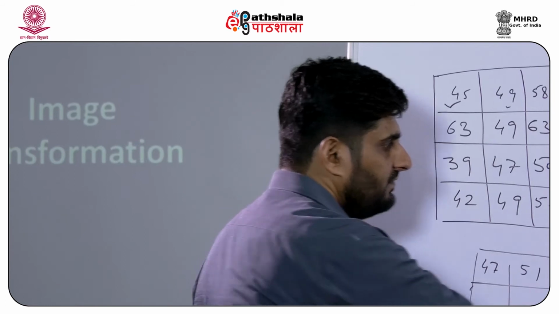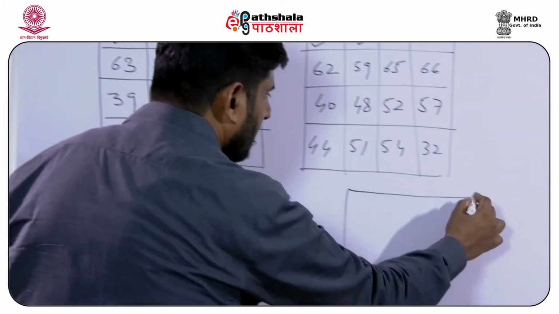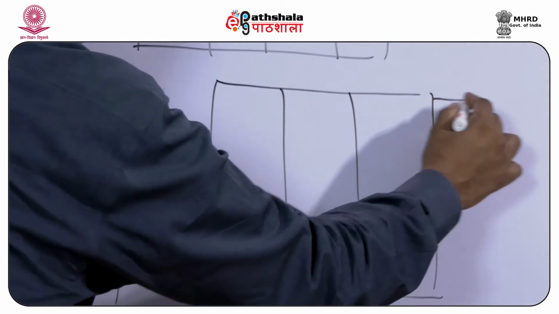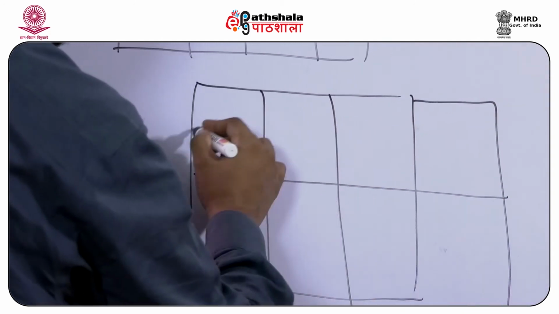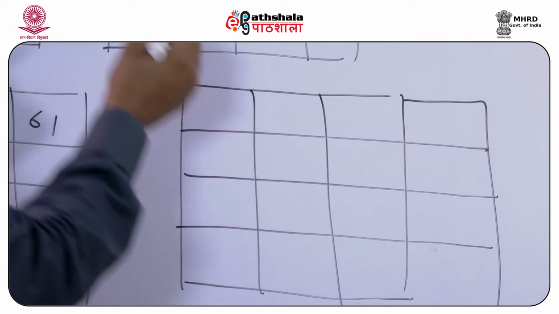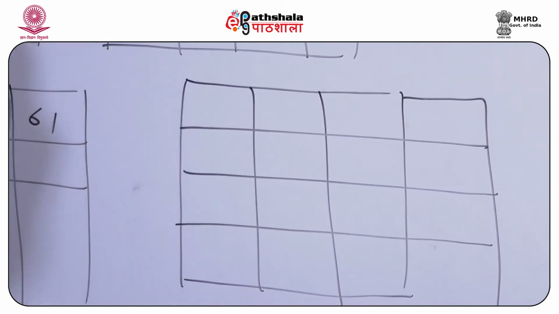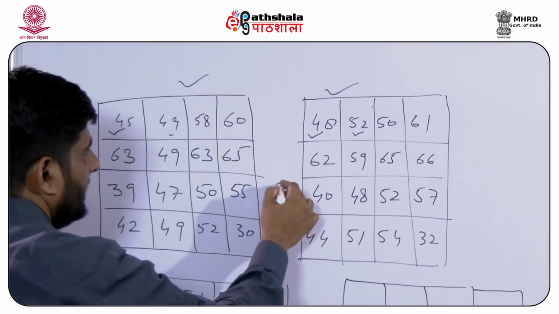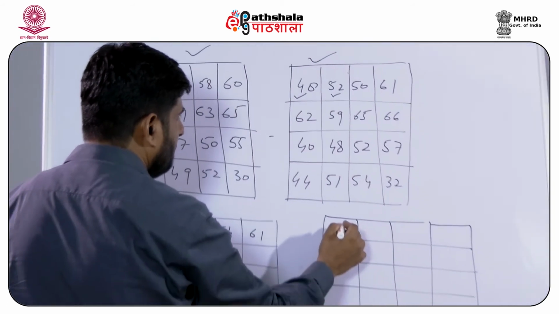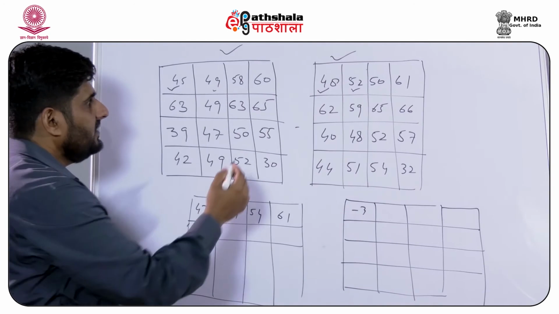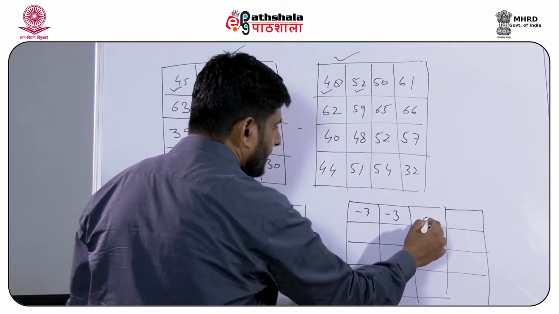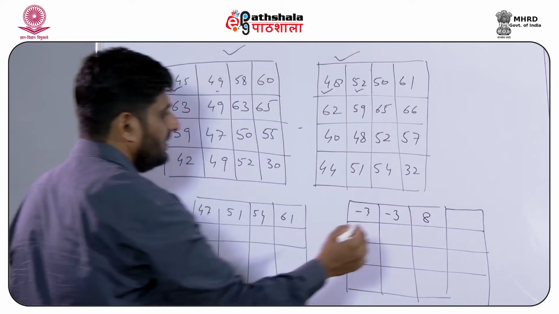Similarly, here if we carry out the subtraction process, we will get the pixel values for this particular pixel. If we subtract this image from this image, we get the value here as -3. Similarly, in this case also we get a -3 value. Here we get a value of 8 and -1.